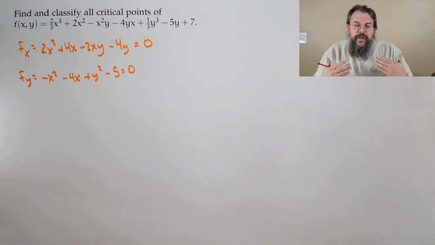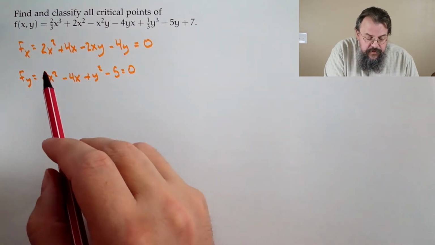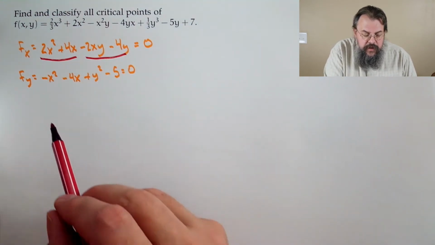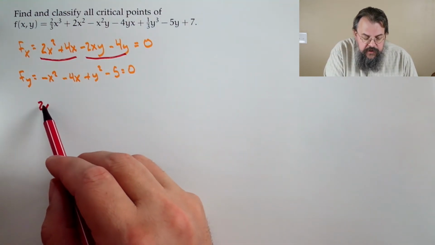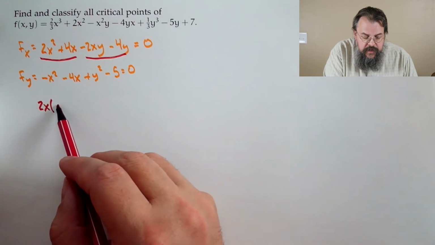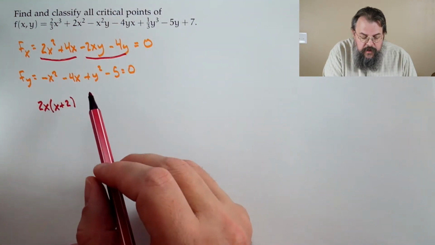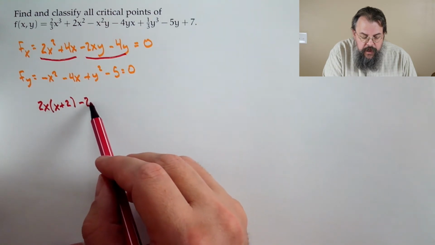One of the things we oftentimes look for is factoring, and one good way to factor is to group things together. So let's just group the first terms and the second terms. In the first terms, you could factor out 2x. You have an x plus 2. In the second terms, we could factor out a minus 2y.